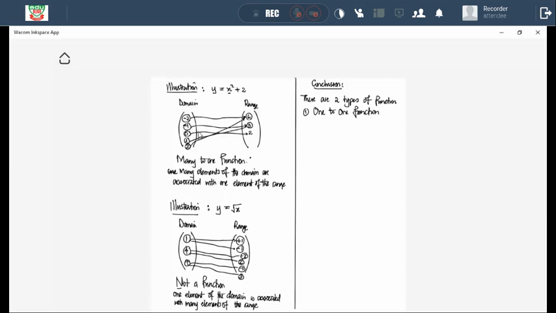A one-to-one function is when one element of the domain is associated with one element of the range, right? And then the second one is a many-to-one function. Okay, so there are only two, one-to-one and many-to-one.